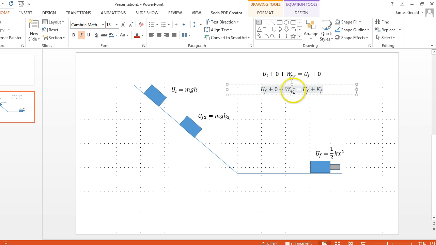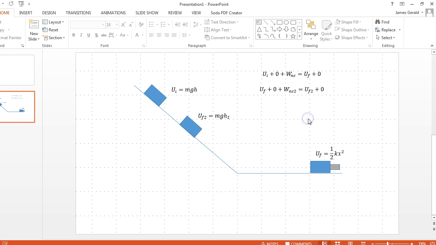This is the work done on the second trip, so I'm going to put a little 2 there. And this is the final 2 right here at the second height. And we know that again is 0. So we've got the trip down, that's the first equation up here. Then we've got to figure out what the trip back up looks like.